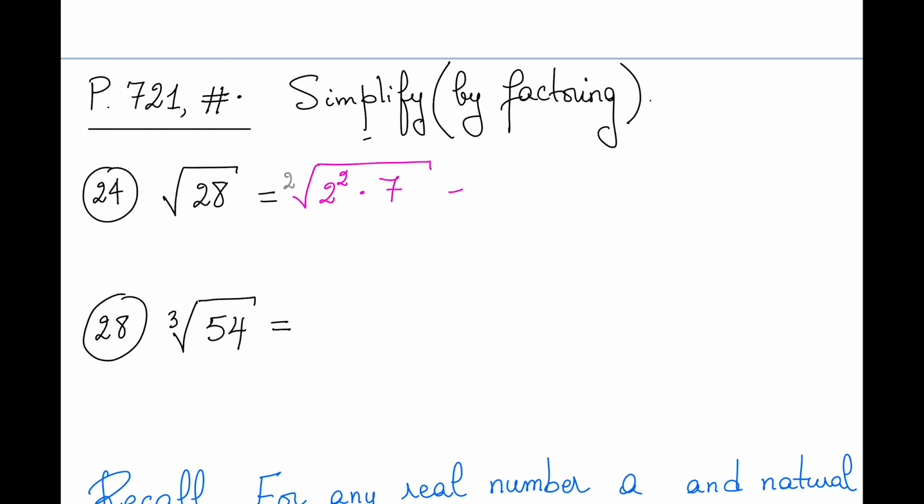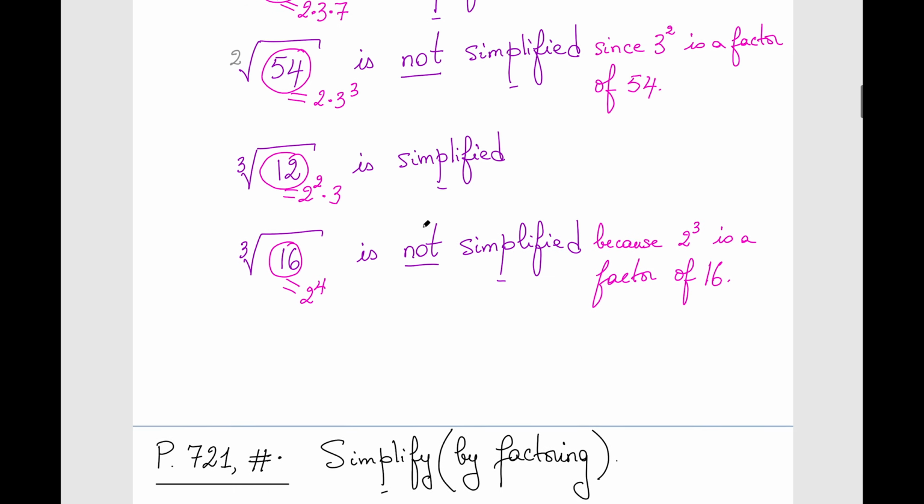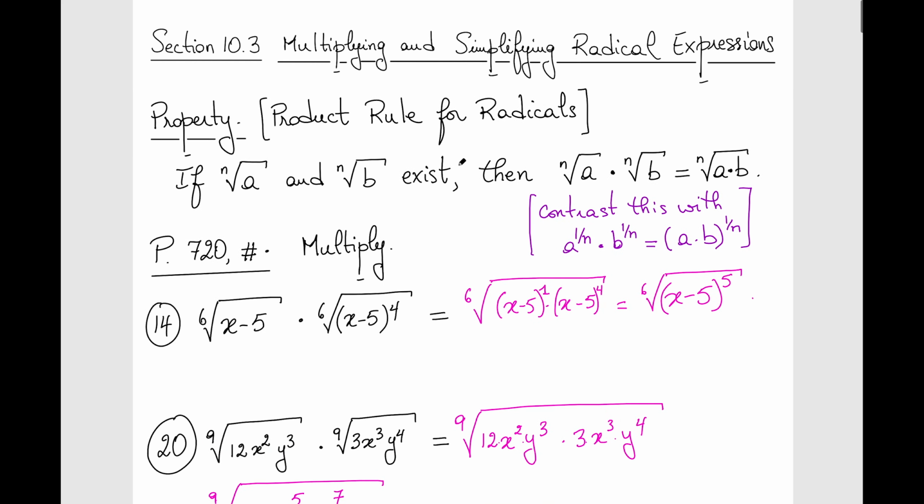So I need to simplify it because I found that 2 squared is a factor of 28, which is a perfect second power. So now I'm going to use the property, the product rule for radicals, from right to left this time.